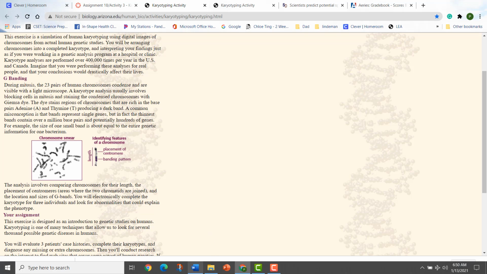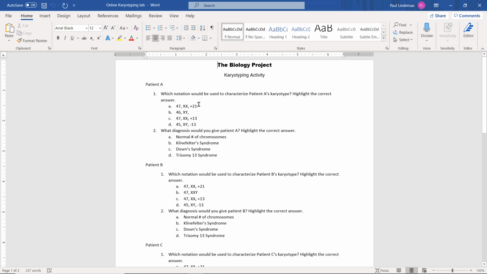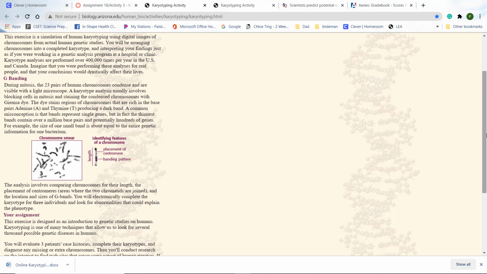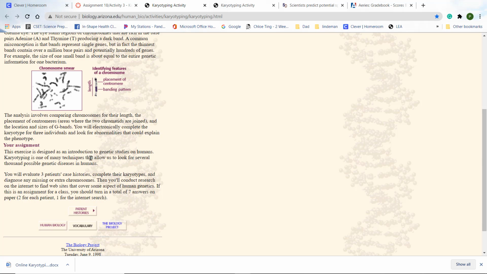So if we go back to our list, here are the 3 individuals. You'll have patient A, patient B, and patient C, and you'll be answering questions after you do their karyotype. Your assignment. This exercise is designed as an introduction to genetic studies on humans. Karyotyping is one of many techniques that will allow us to look for several thousand possible genetic diseases.